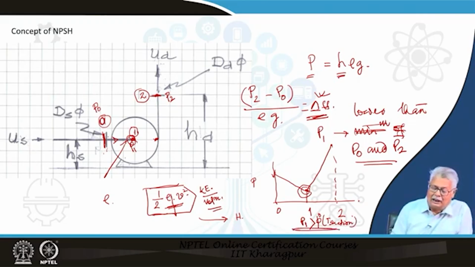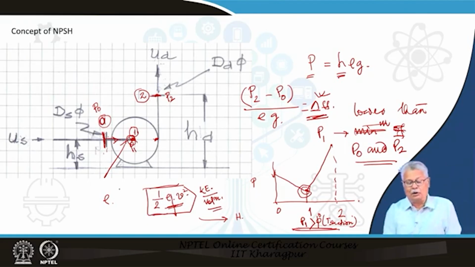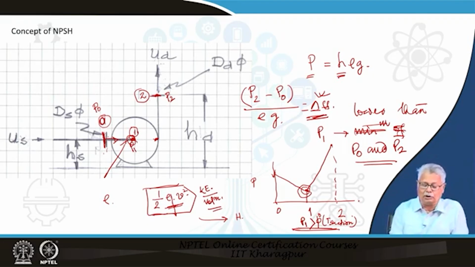That means this pressure I cannot measure, but I have a way of knowing this particular pressure because it is the supply pressure of the liquid to the pump itself. Because when I do my calculations, I can find out or estimate what this pressure P0 will be. Now, from here to here, on what does it depend?